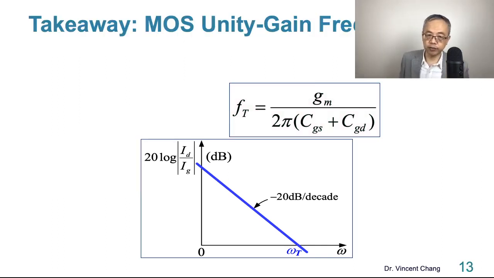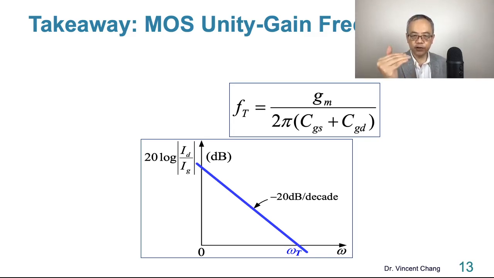So here's the takeaway of this lecture: the frequency response of the common source short circuit current gain of the MOSFET. And pay attention to a very important parameter called the unit gain frequency. Because below this frequency it is an amplifier, above 0 decibel.